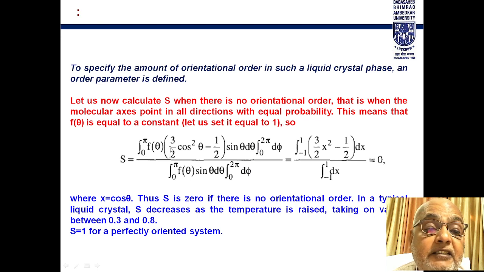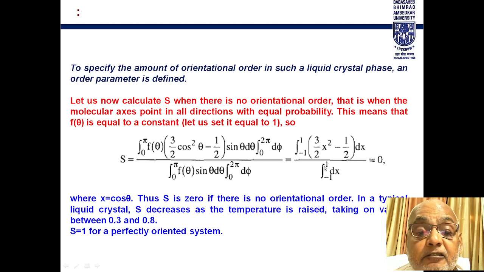So S is equal to this formula, which reduces to the integral from minus 1 to 1 of (3/2 x squared minus 1/2) dx divided by the integral from minus 1 to 1 of dx, which is equal to 0, where x is cos theta.